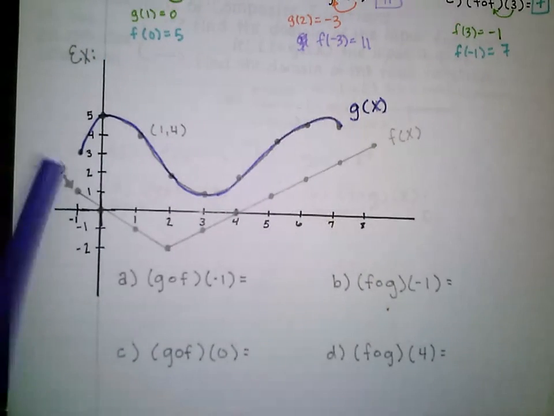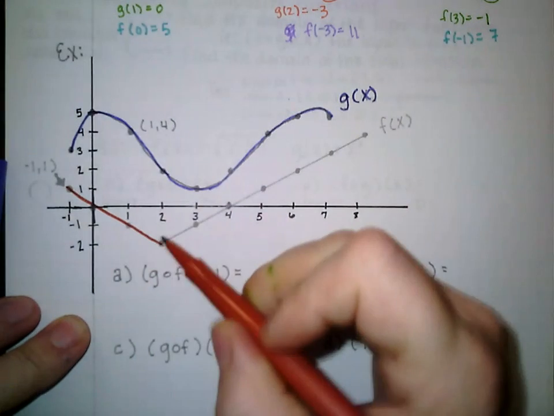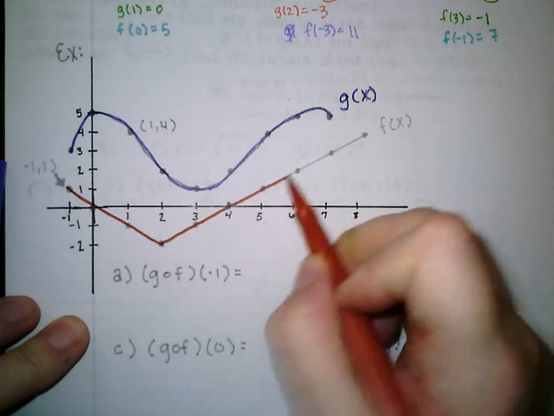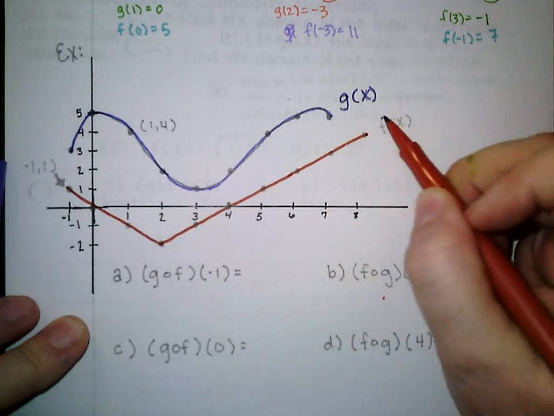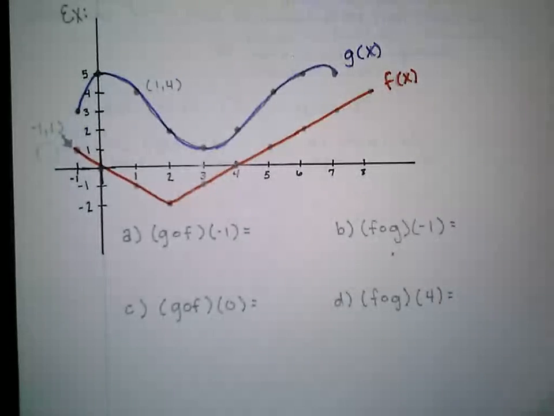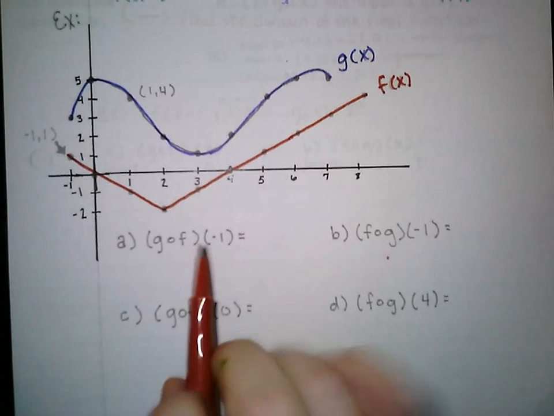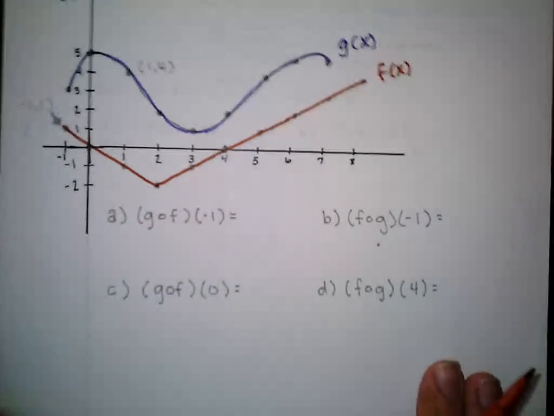And I'm going to make f of x brown, tan, whatever color this is, just so we can reference them by color. Okay. We're going to do the same thing that we've been doing. We're just going to use the graph to get our values.